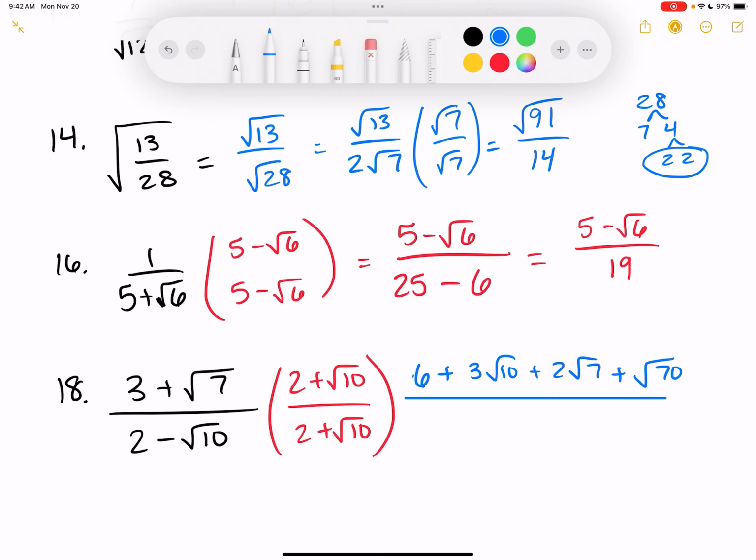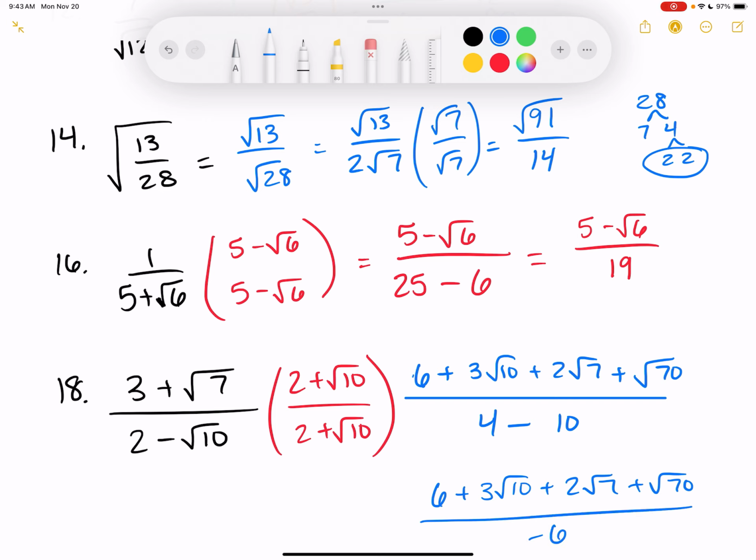And then on the bottom, difference of squares, so that's going to be 4 minus 10. So on top, if there's ever anything that I can simplify, I will. In this case, it's kind of ugly, so there's nothing that I can simplify. So this just ends up being 6 plus 3 square root of 10 plus 2 square root of 7 plus the square root of 70 over negative 6.